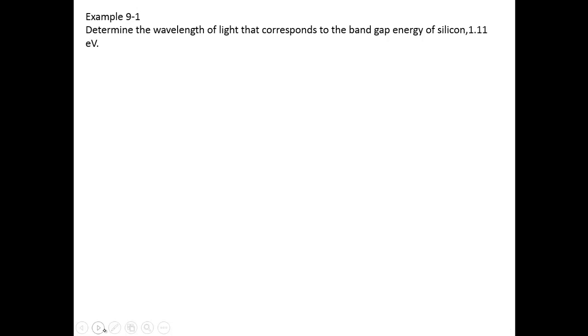So if you were to take that equation and solve for lambda, Planck's constant times the speed of light, over the band gap energy, multiplied by the speed of light.